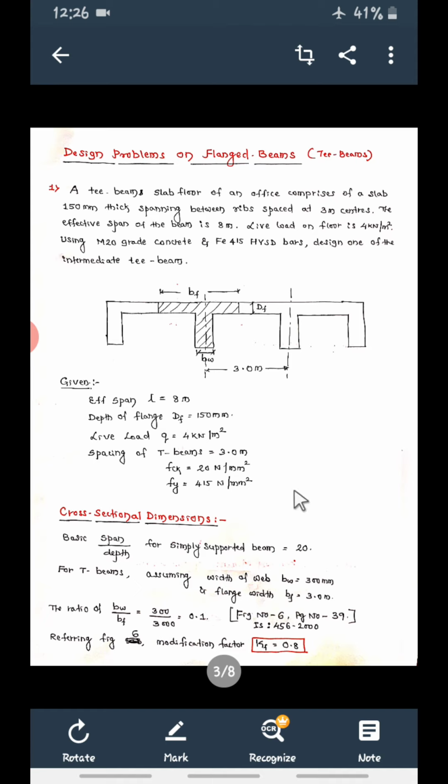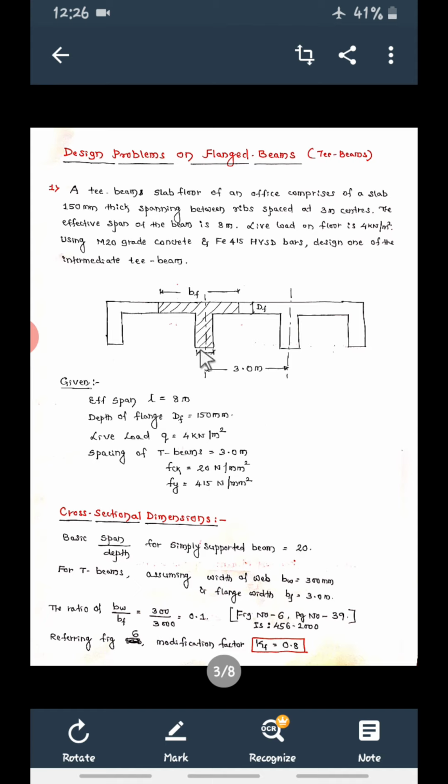For a simply supported beam, already we know that it is 20. It is a simply supported T beam, so the span by depth ratio will be 20, that is l by d is equal to 20. But for T beams, this span by depth ratio should be multiplied with the modification factor, that we're going to see.